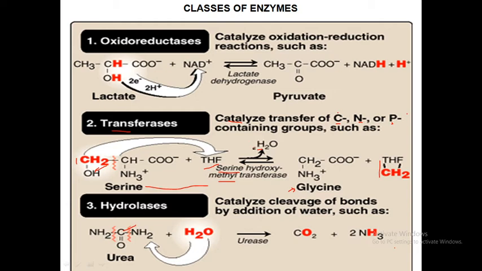Then glucosyl transferases, these are all given in your copies also. Glucosyl transferase enzyme is phosphorylase. That phosphorylase actually adds a phosphate group.